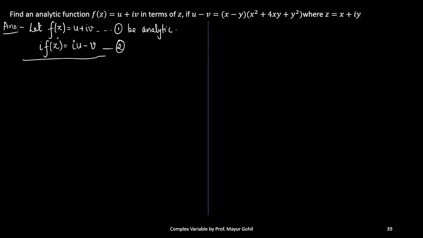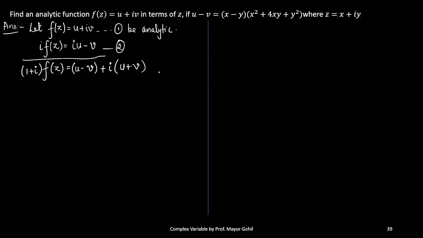Now, what we do, we add them. So we get (1 plus i) times f of z. While adding on the RHS, we collect the real component, so u minus v is the real component, and the imaginary components are collected together, so it is u plus v.